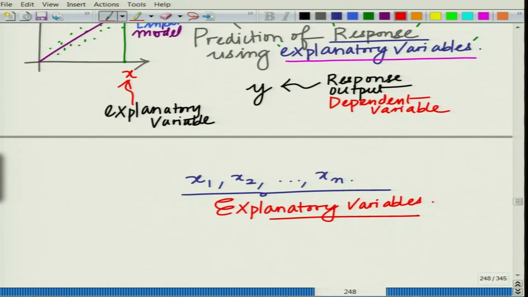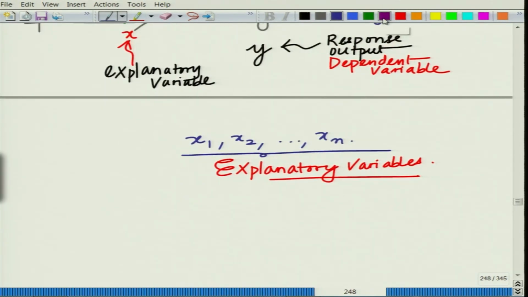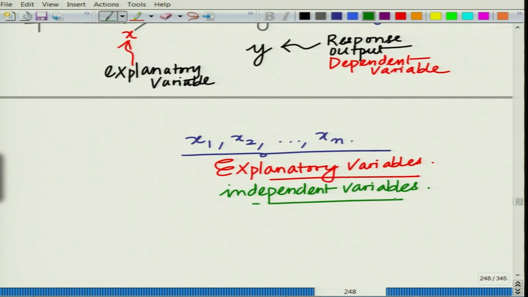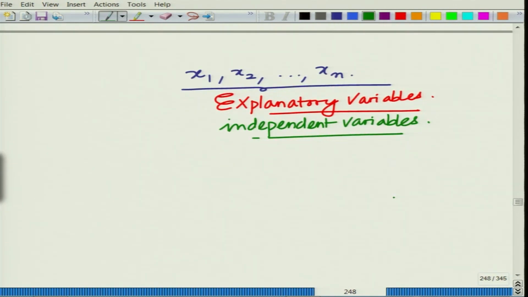These are also your independent variables. So, these can vary independently, that is the idea. So, you have the dependent variable, that is y, and these are your independent variables.